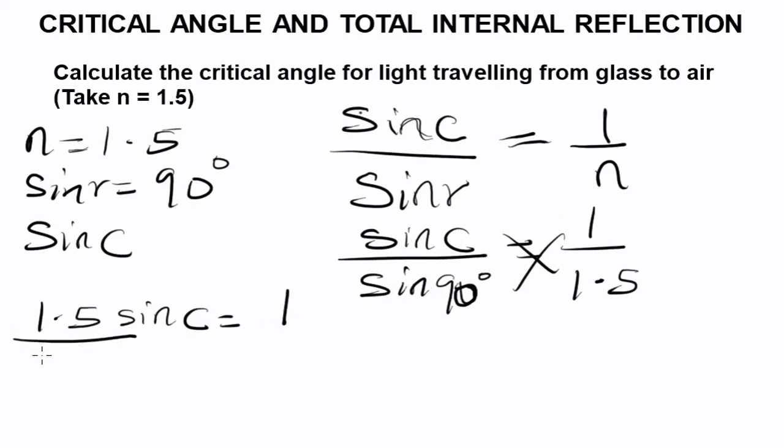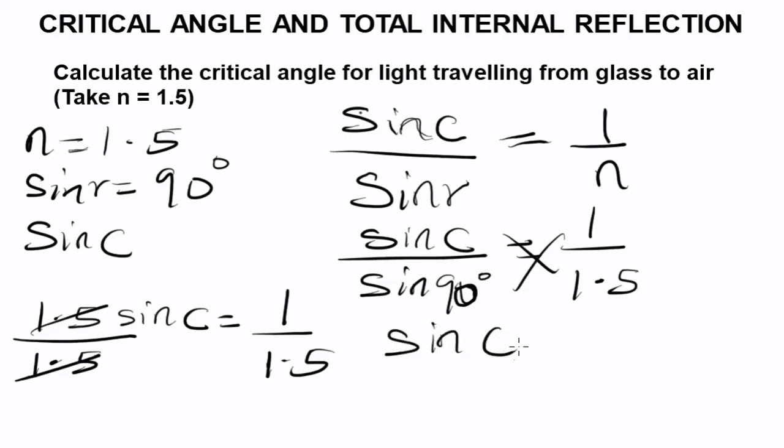Divide both sides by 1.5, and we are left with sine c equals 1 divided by 1.5. You're going to have 0.66666. Let's leave it at 3 decimal places.